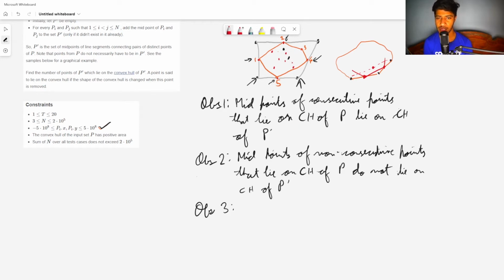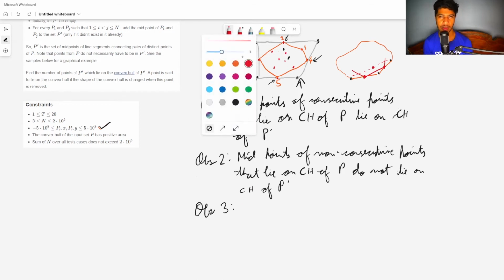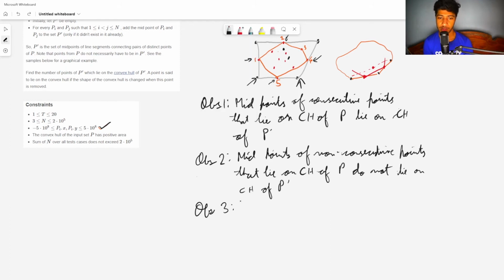So that should be obvious. Is that obvious? Try to think about this. Midpoints of two non-hull points of P will not be a hull point of P dash. So that is our third observation.